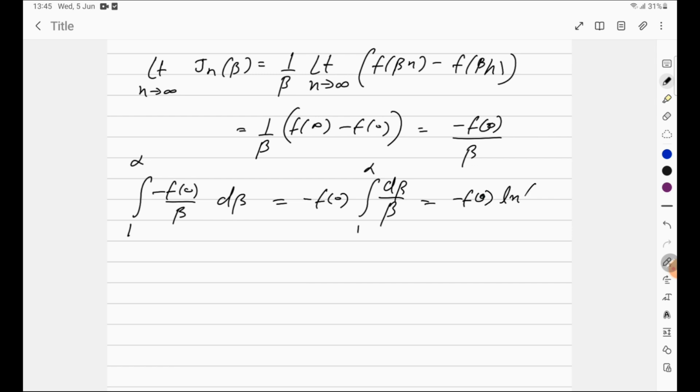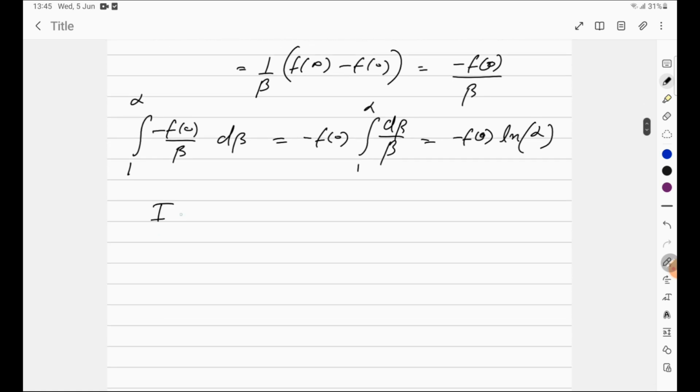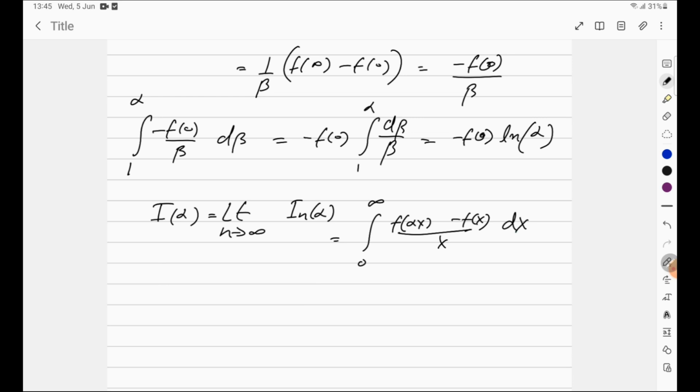That's ln of upper limit over lower limit, which is 1, so ln alpha. And they're setting it equal to I(alpha). But what is I(alpha)? I(alpha) is the limit as n approaches infinity of I_n(alpha). So that's simply the integral from 0 to infinity of (f(alpha x) minus f(x)) over x dx.